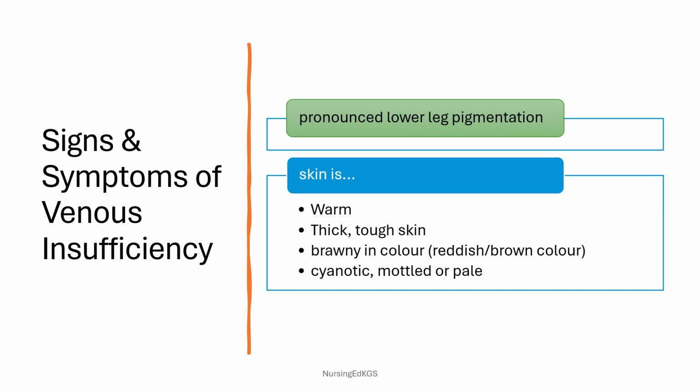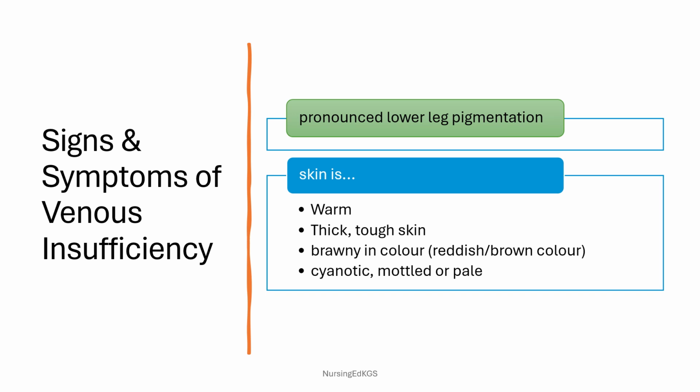The breakdown of red blood cells in these tissues releases pigments such as iron storage pigment, which causes a brownish or reddish discoloration of the skin, and this is known as hemosiderin staining. The stagnant blood and increased pressure contribute to chronic inflammation. This inflammation can cause changes in skin pigmentation, making the skin appear darker or discolored, particularly around the ankles and lower legs.